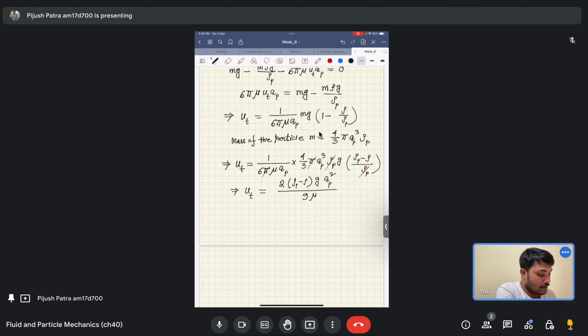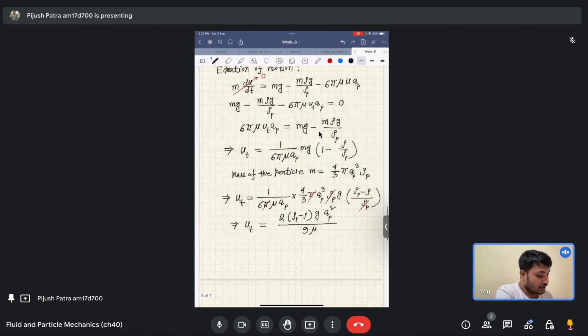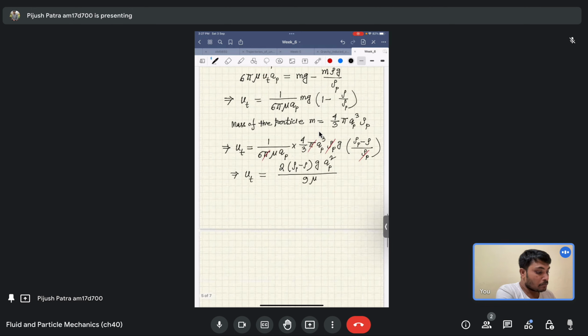Yes. So 2 into delta rho, that is rho p minus rho, the density of the particle minus the density of the fluid, into acceleration due to gravity into radius of the particle square, divided by 9 mu. That's the expression for the terminal velocity. So we have derived the expression for the terminal velocity.